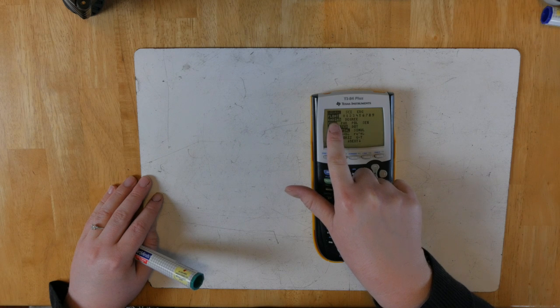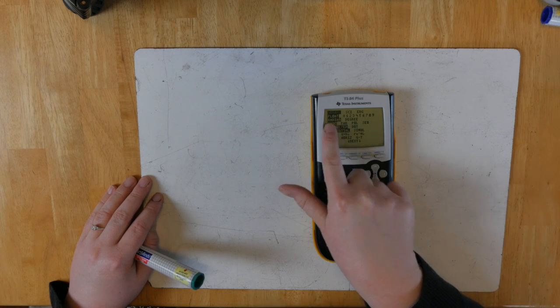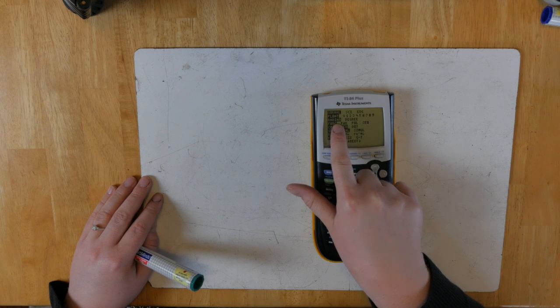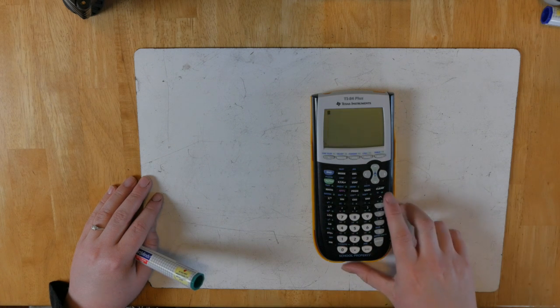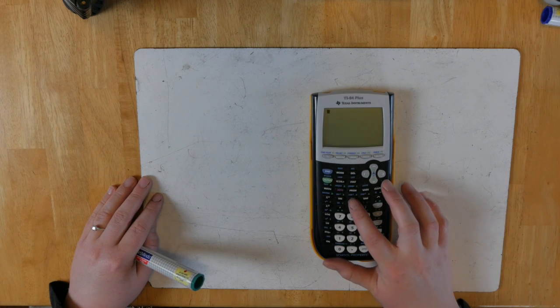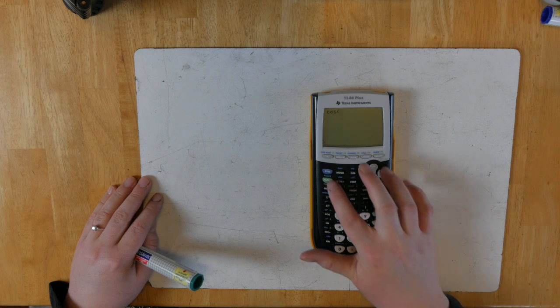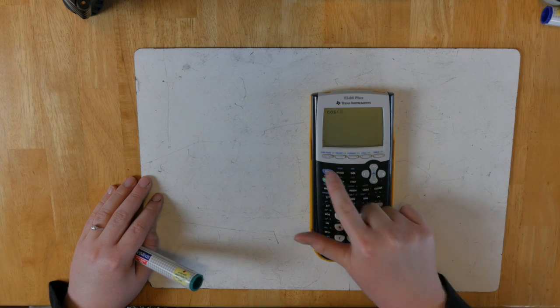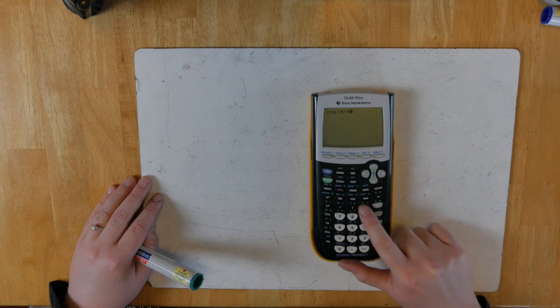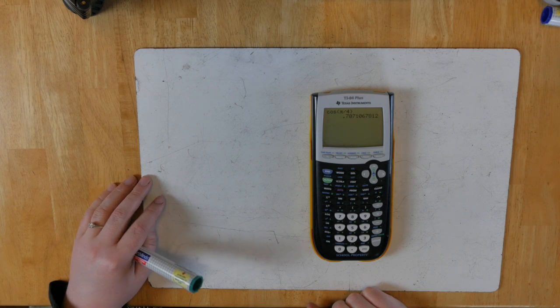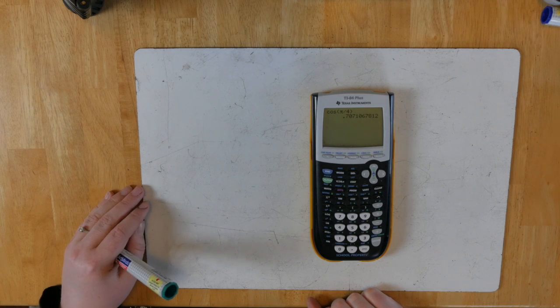My calculator is currently in radian mode because that's the unit of measurement that's highlighted. So if I hit clear and go back to the screen, that means I can calculate the cosine of pi over 4, pi divided by 4, and get the correct answer.